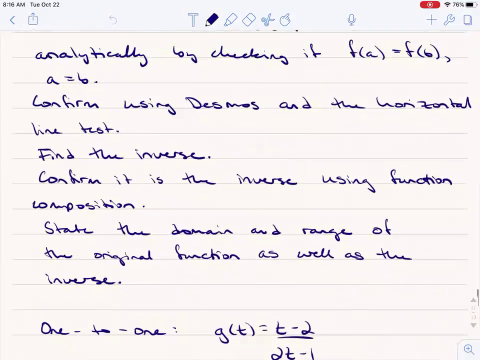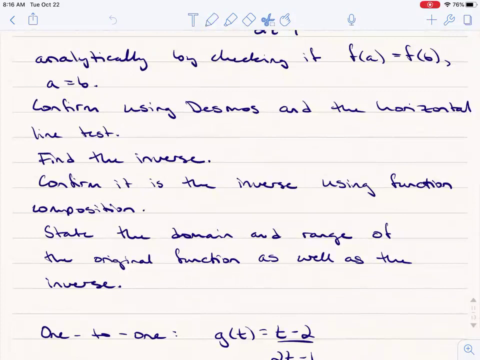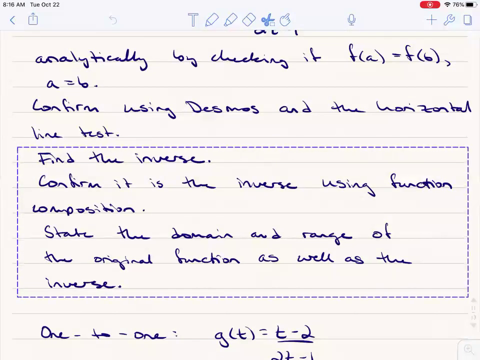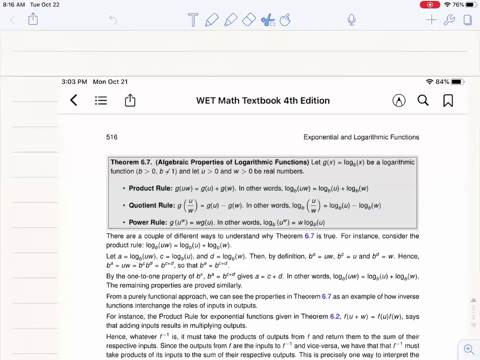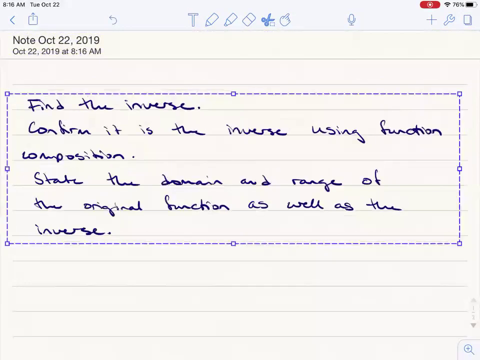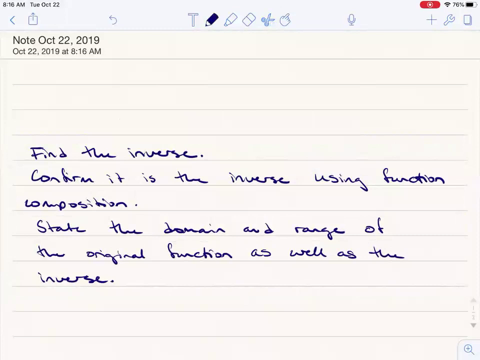So example continued. We have g of t = (t - 2)/(2t - 1).